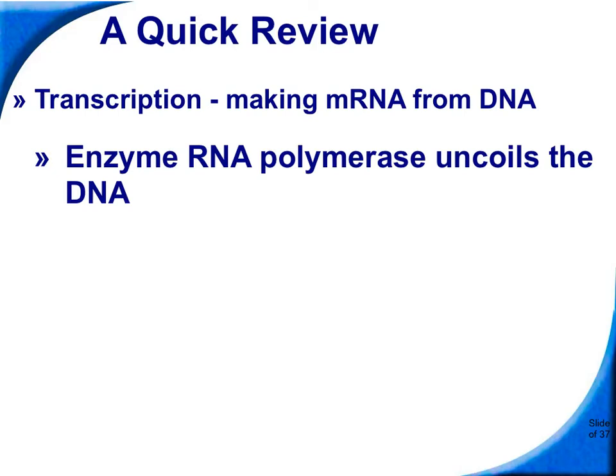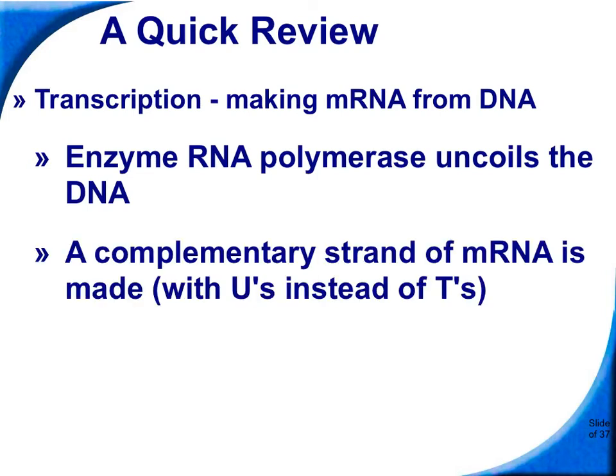The enzyme responsible for the uncoiling to make mRNA was RNA polymerase, which was different than the DNA polymerase that we used to make the complementary DNA. And then the other change was that our new strand did not have thymine in it. Every time we expected to put in thymine on an RNA molecule, we would put in a U for uracil instead.